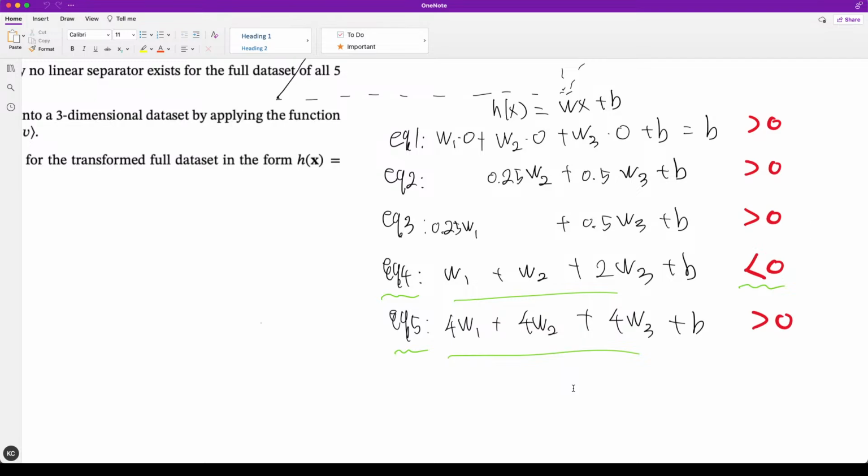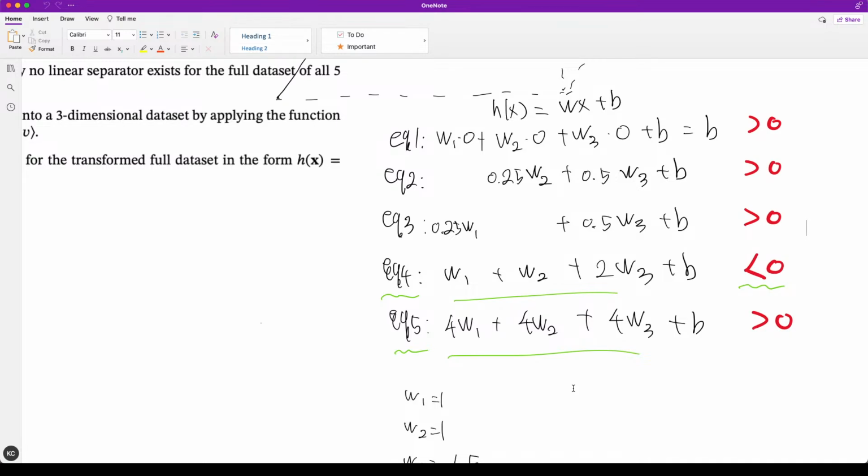So let's assume values. I would assume W1 is 1 and W2 is also 1 and W3 is minus 1.5 to cancel out W1 and W2 in equation 4, and B is something like 0.5. Let's try assigning these values to every equation.